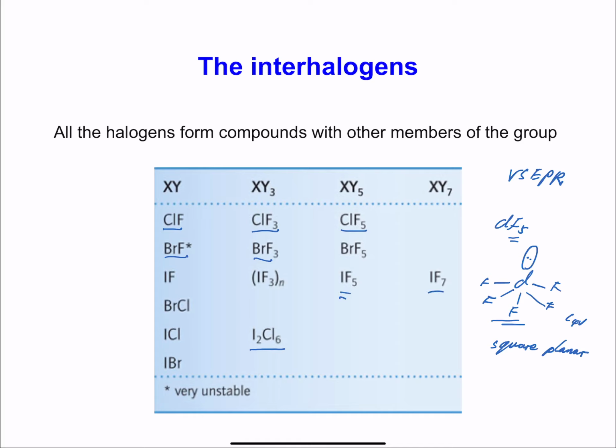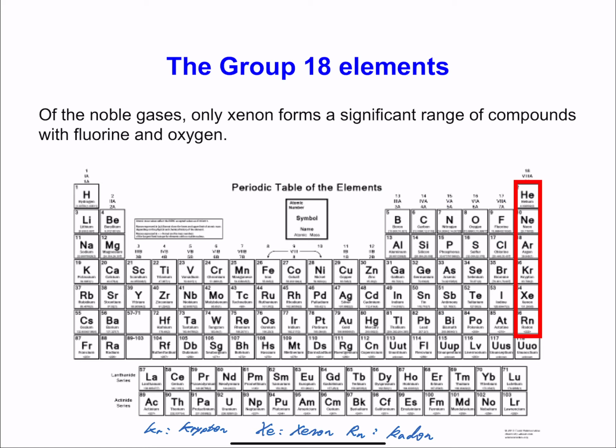Then we have 1 lone pair left, so we have a square pyramidal structure. Make sure you can draw the structures of the other ones. This one is a dimer, so think about how to draw it using the VSEPR principle.